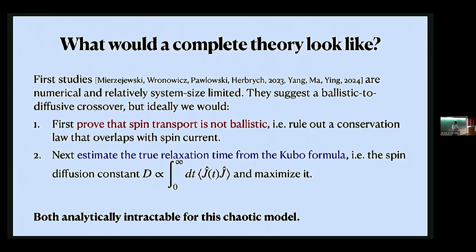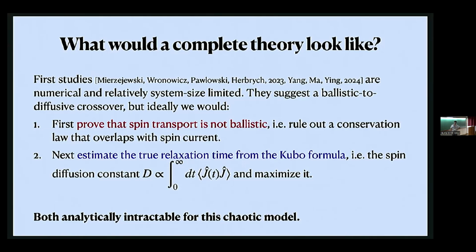And they are suggestive of a ballistic to diffusive crossover, but ideally we would first prove that spin transport is not ballistic. This sounds trivial, but if you really want to say that you're crossing over from ballistic to diffusive dynamics, you have to be able to rule out cases like the XXZ model with delta non-zero, for which the current decays a little bit and then plateaus.